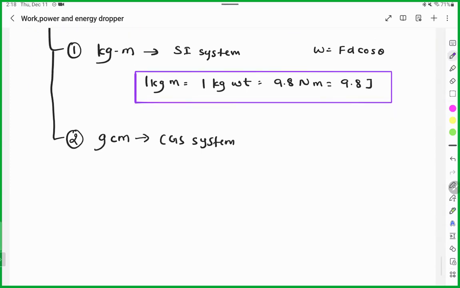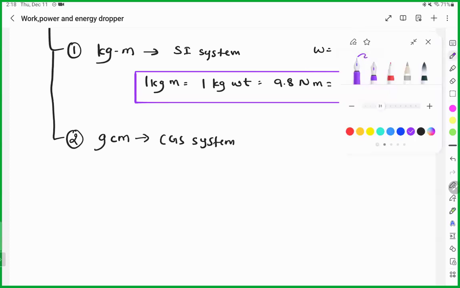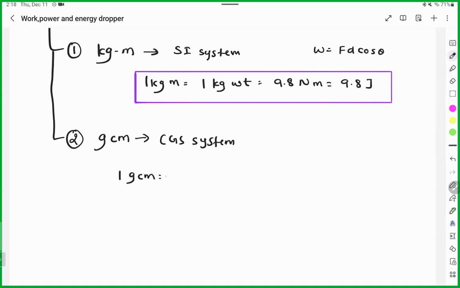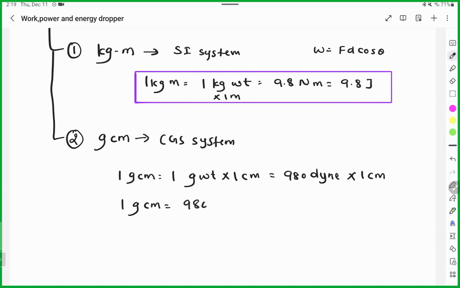In the same way you can convert gram centimeter. Example, 1 gram centimeter is equal to 1 gram weight multiplied by 1 centimeter. This will be equal to 980 dyne multiplied by 1 centimeter. That's why 1 gram centimeter will be equal to 980 erg.